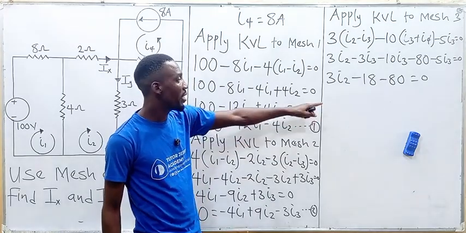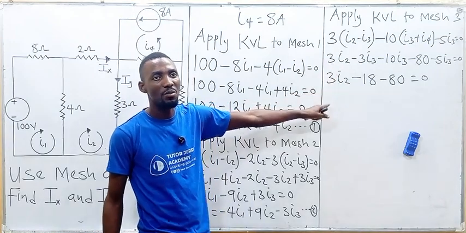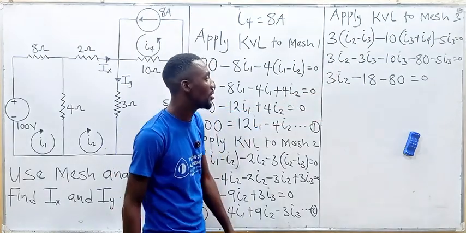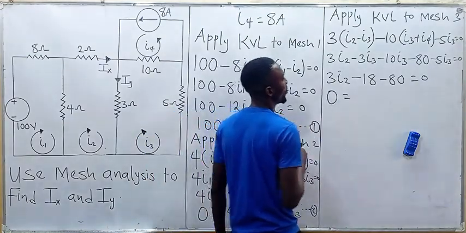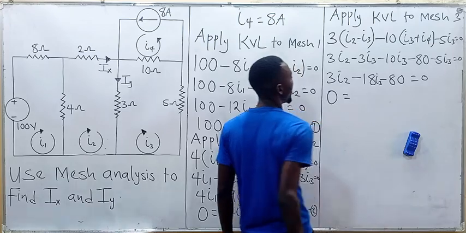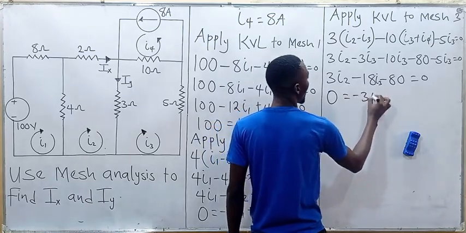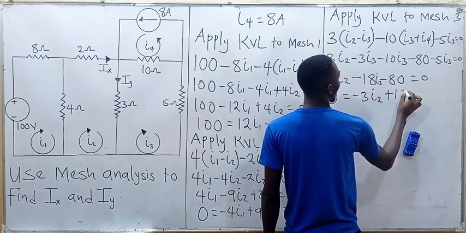All right. So if we decide to move everything to the other side, what are we going to have? We are going to have 0 to be equals to, sorry, I did not put I3 here. So it's going to be -3I2, then plus 18I3.